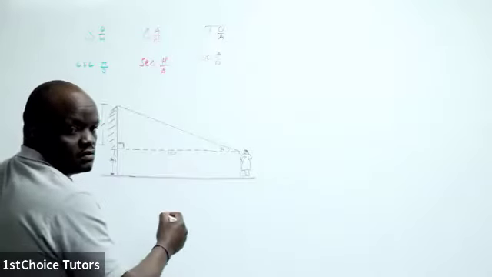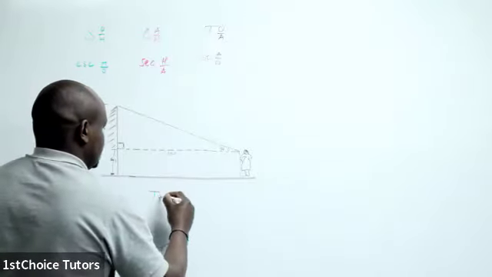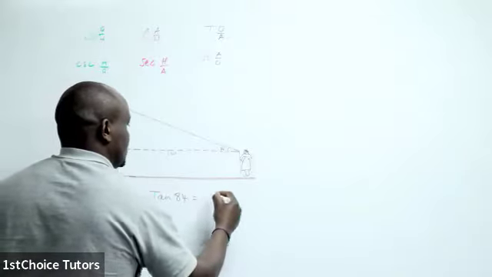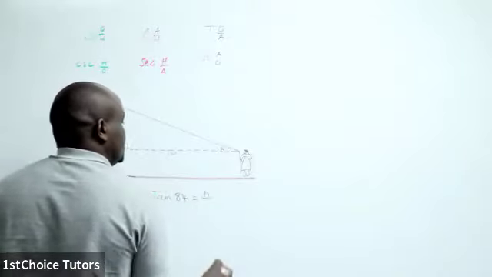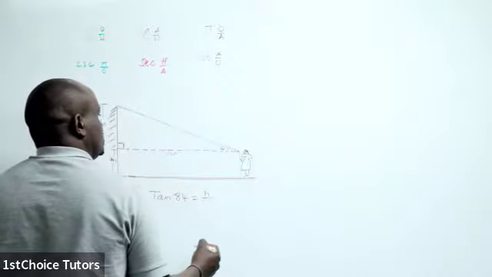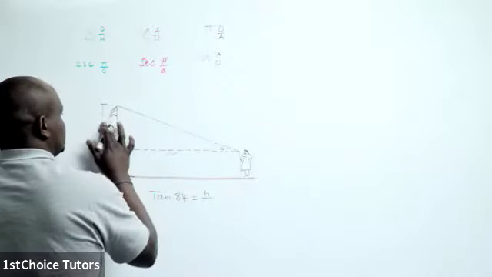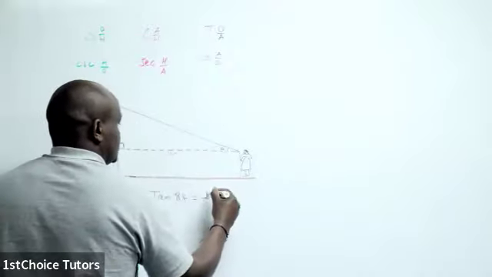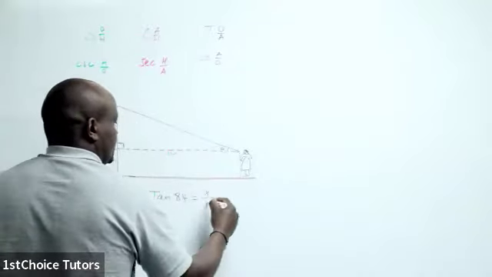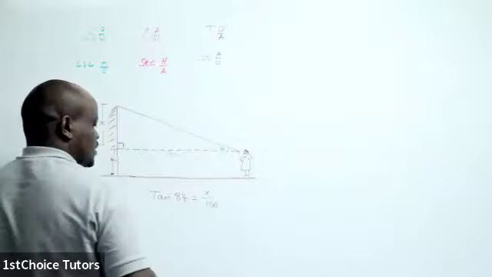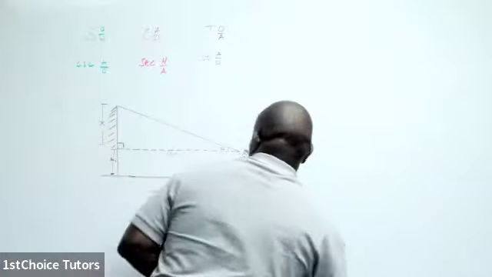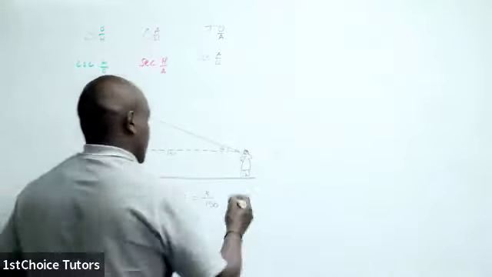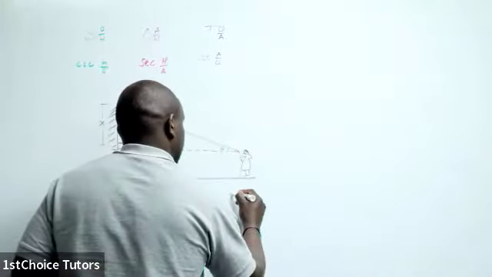So tangent 84 equals opposite, which is h, over. I should probably not say h because that's maybe confusing you. x over 150. Now we're going to multiply by 150 over 1.